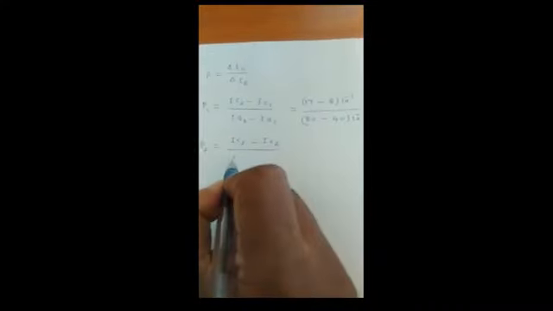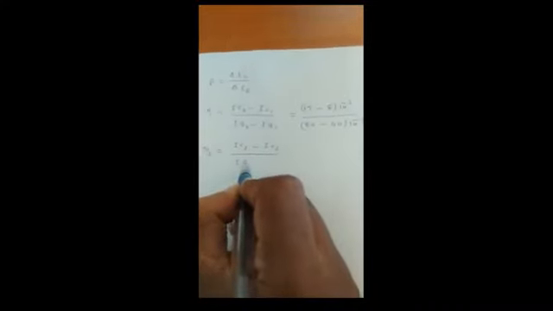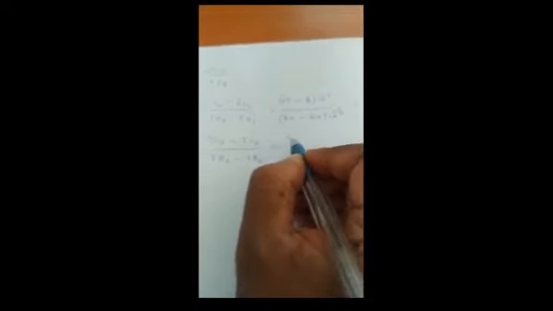Similarly, beta 2 is given by IC3 minus IC2 divided by IB3 minus IB2. So substitute the values.